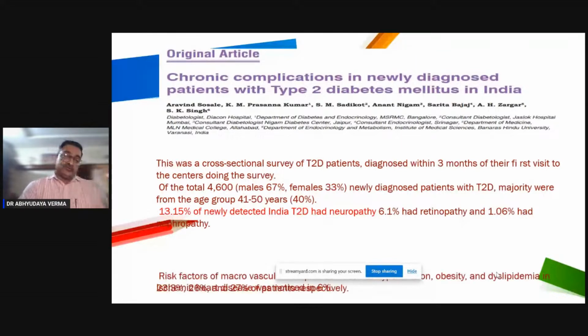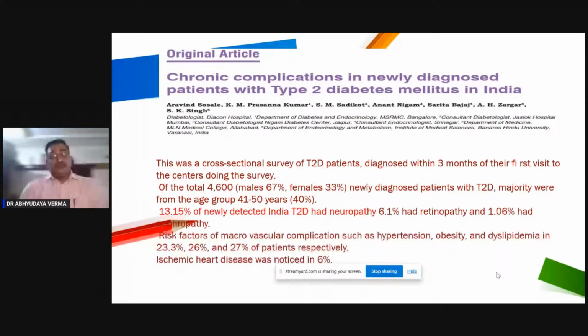And obviously, not in detail, but yes, we should talk about macrovascular risk factors like hypertension, obesity, and dyslipidemia, which were present in almost one fourth of the patients from the beginning of diagnosis of diabetes. That's why I was talking about intensive sugar control from the beginning only.